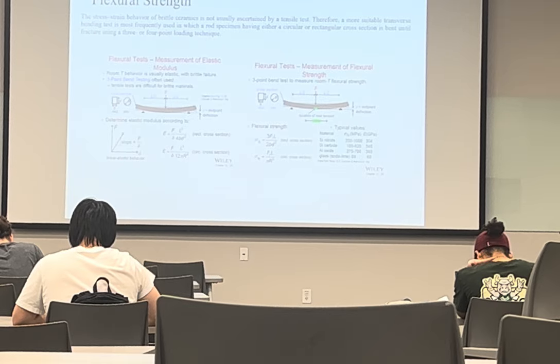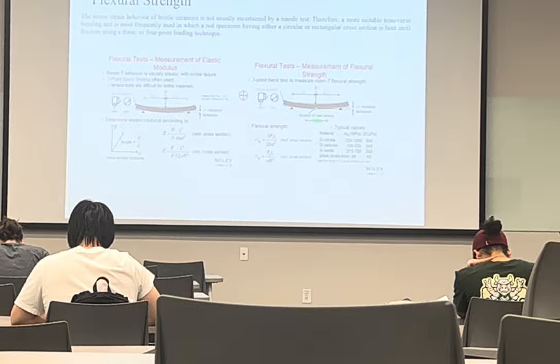So to measure the flexural strength, these are the formulas. This one is for a rectangular cross section, and the bottom one is for a circular cross section.